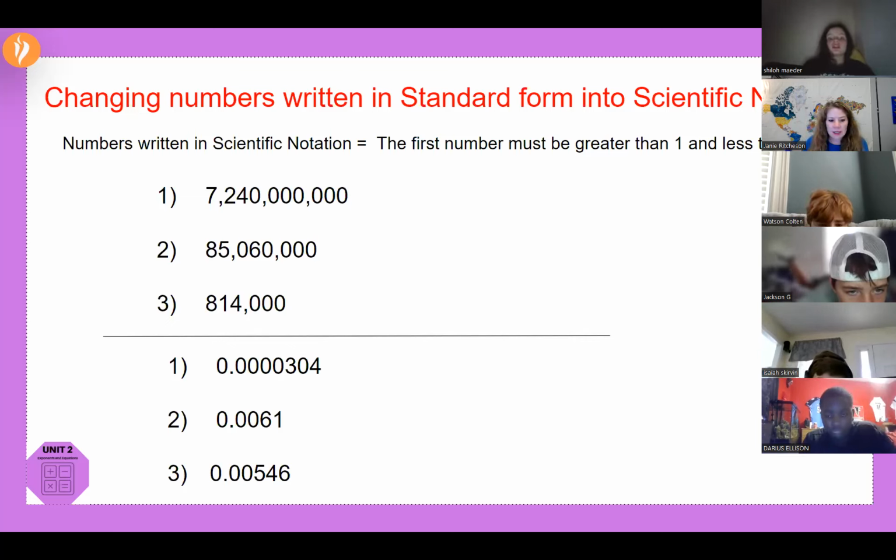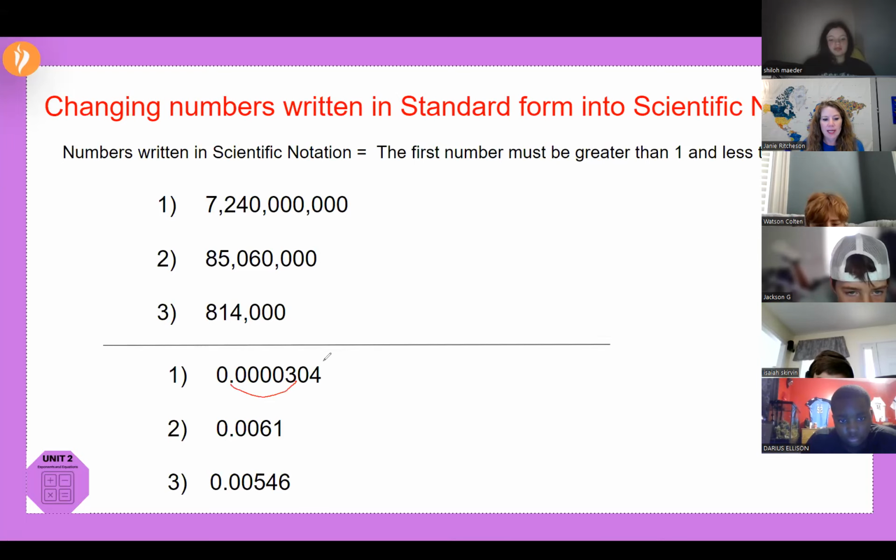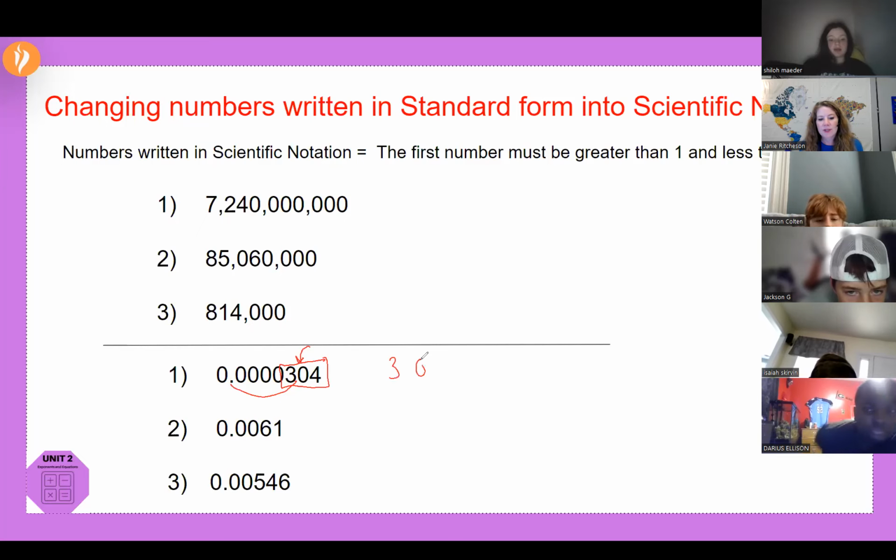All righty. Some of you have got it, and some of you have not listened to anything I've said, obviously. All right, so we are moving our decimal all the way back here. Remember, we have to write the non-zero numbers, but we do include zeros that are between regular numbers, right? So we have to start with these numbers. Where does our decimal go? There can only be a single digit in front of my decimal. And now I'm going to multiply times the power of 10.